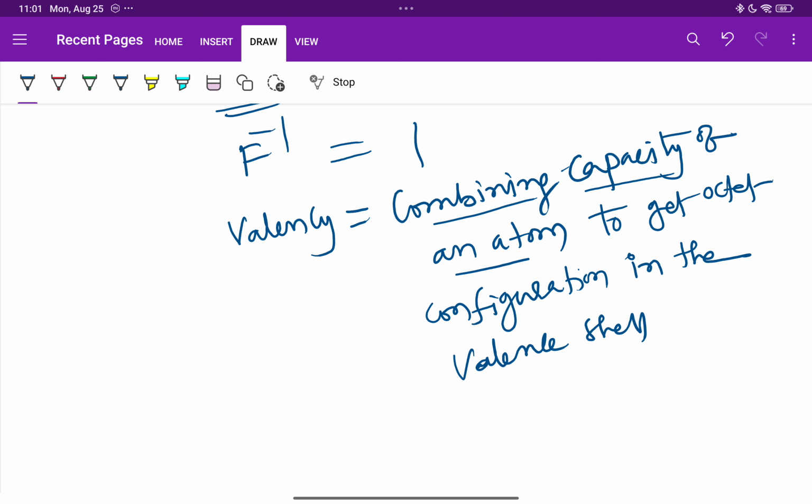So just remember, atoms are losing electrons and forming cations, atoms are gaining electrons and forming anions, just to get octet configuration in the valency shell. So this is about valency. And a few d block elements will show variable valencies.